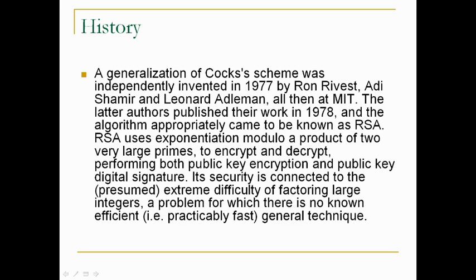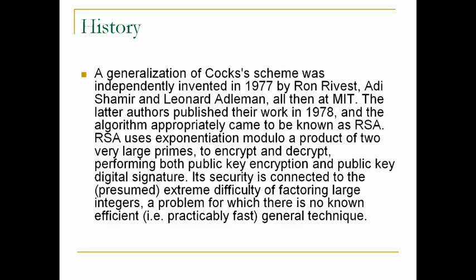A generalization of Merkle's scheme was independently invented in 1977 by Ron Rivest, Adi Shamir, and Leonard Adleman, all then at MIT. The latter authors published their work in 1978, and the algorithm appropriately came to be known as RSA.